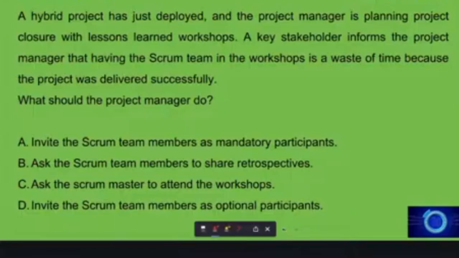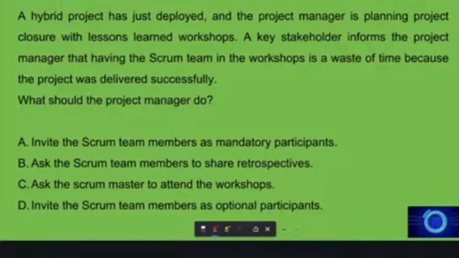A hybrid project has just deployed, and the project manager is planning project closure with a lessons learned workshop. A key stakeholder informs the project manager that having the Scrum team in the workshop is a waste of time because the project was delivered successfully.